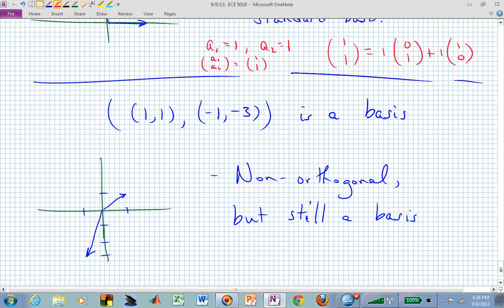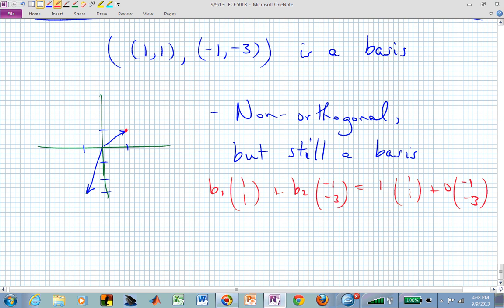But now if I said, well, I want to get to the same point right there in terms of this basis set, now what do I have? Let's say that I now have B1 times 1, 1 plus B sub 2 times minus 1, minus 3. Now I need just B1 to be 1 and B sub 2 to be 0, so that in this coordinate system, that same point in two-dimensional space is now 1, 0.